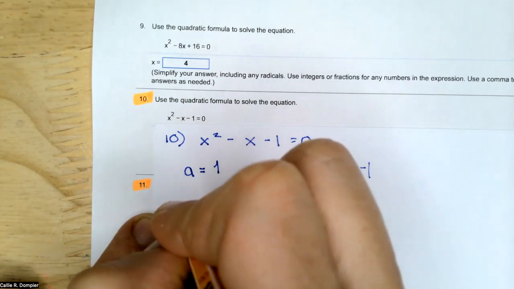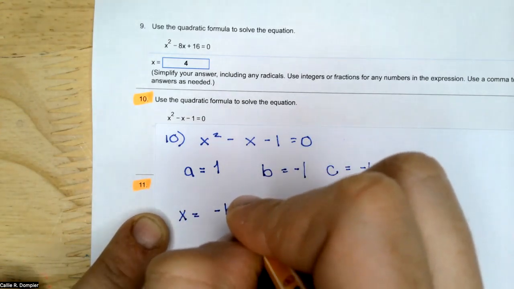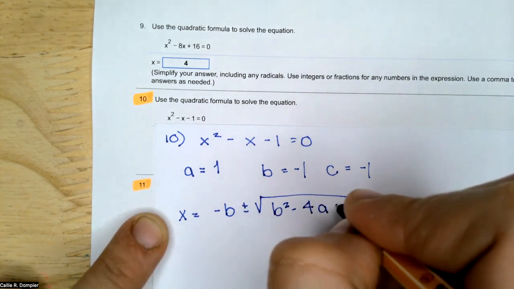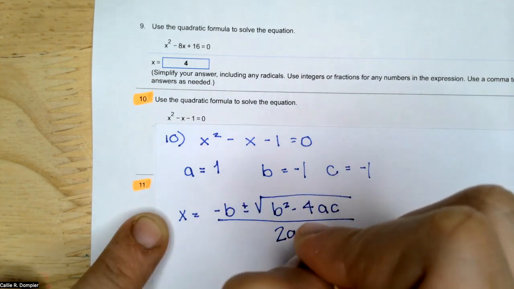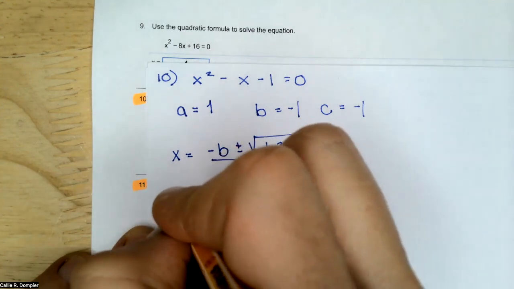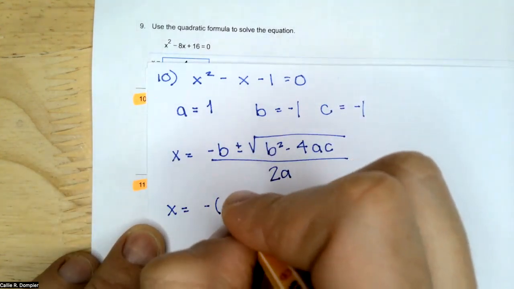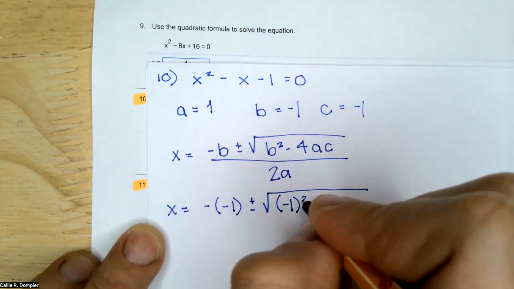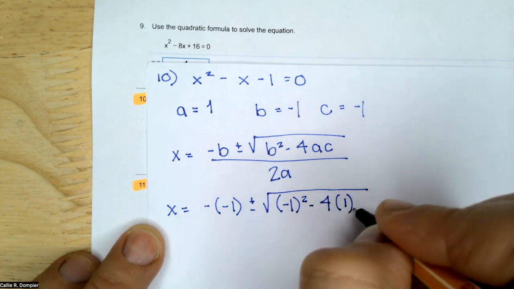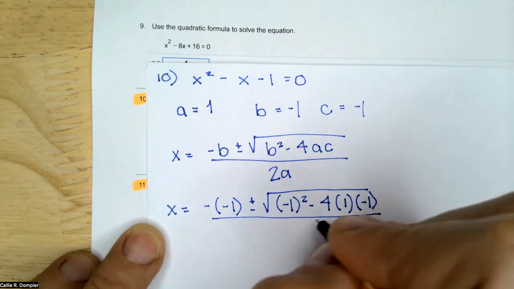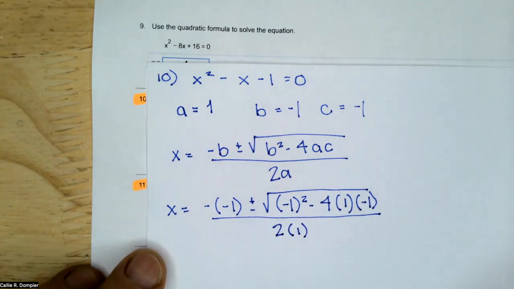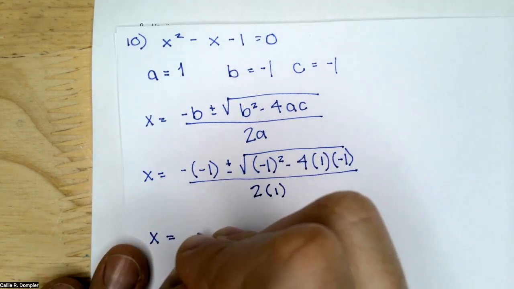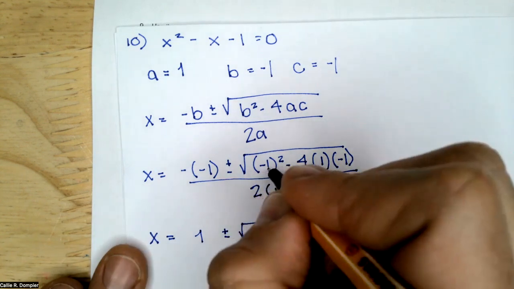Let's put it into x equals -b plus or minus the square root of b squared minus 4 times a times c divided by 2 times a. -1 plus or minus the square root of b squared, so -1 squared minus 4 times 1 times -1 over 2 times 1. -1 is a +1, plus or minus the square root of -1 squared.